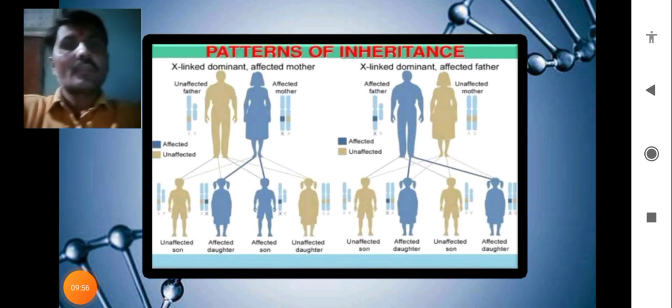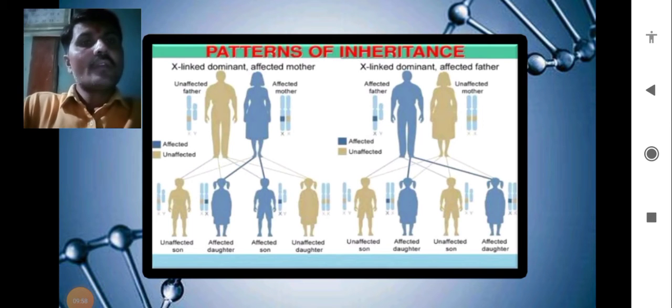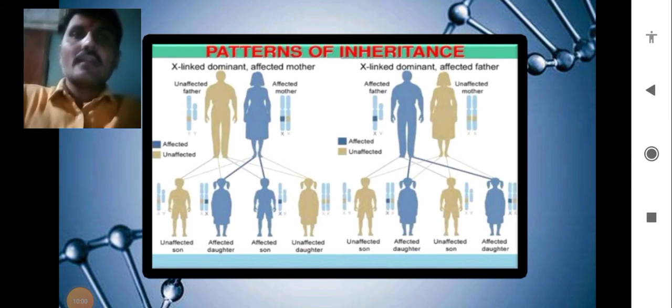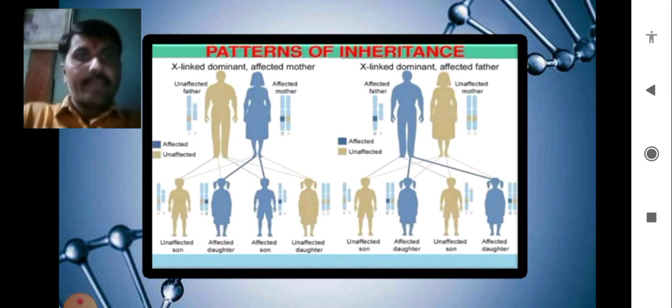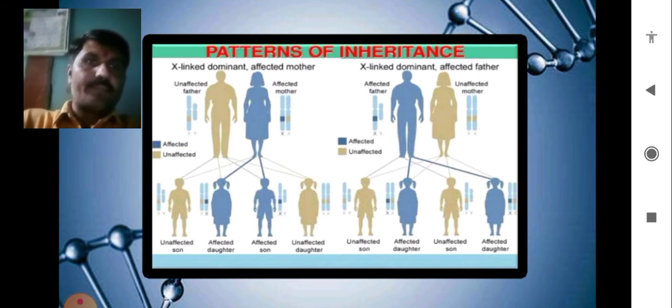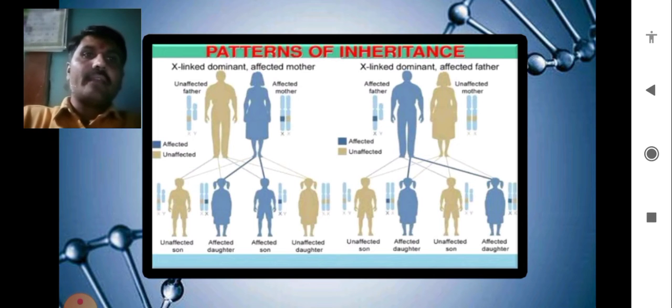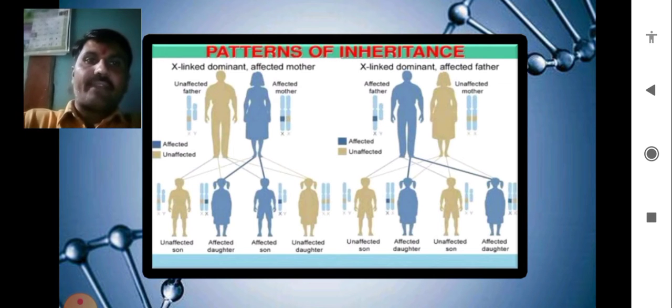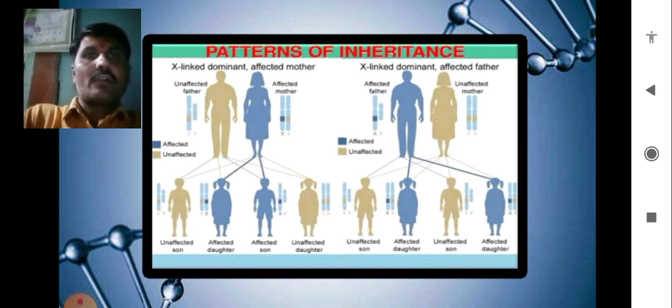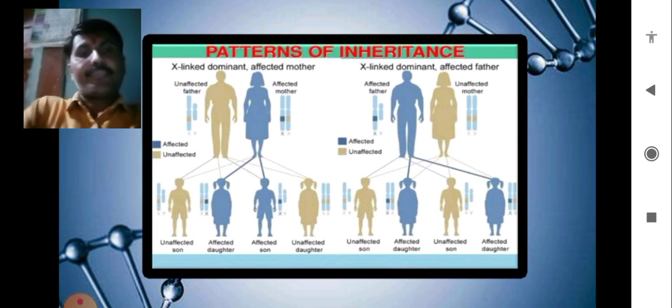So what will be the expected progeny? Look at this. We got four progeny. When the mother is affected, ultimately the son will be affected and the daughter also will be affected.